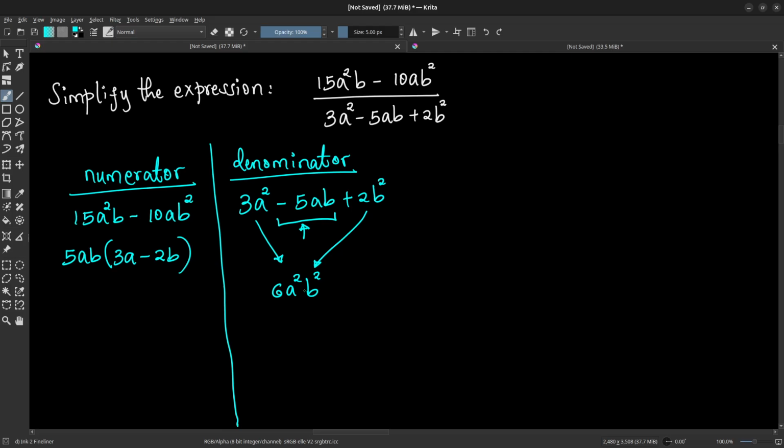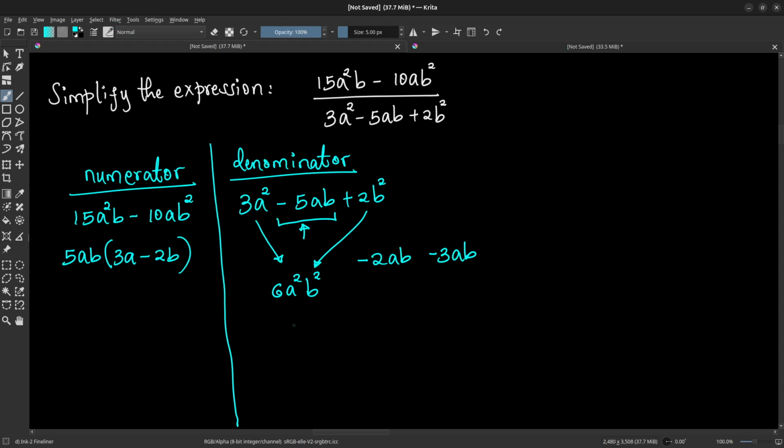In this case, those two terms are negative 2ab and negative 3ab. Negative 2ab times negative 3ab gives 6a squared b squared, and when you add them, you get the middle term, negative 5ab.